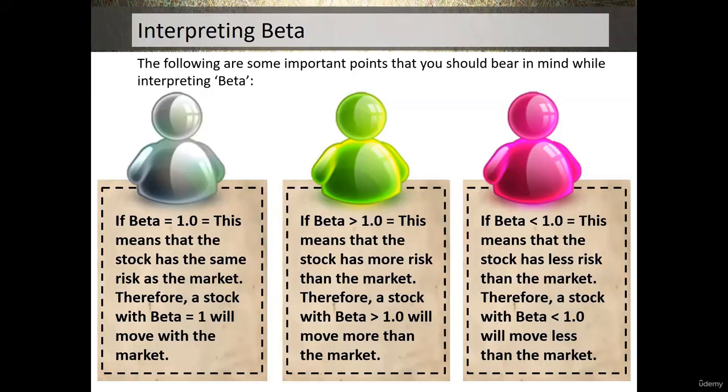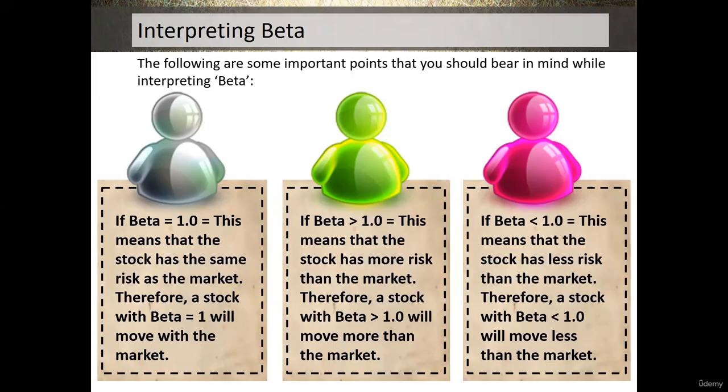So you can consider beta as a multiplier. 10% increase in the returns of the market, 10% multiplied by 1.5, that is a 15% increase in the performance of my stock.